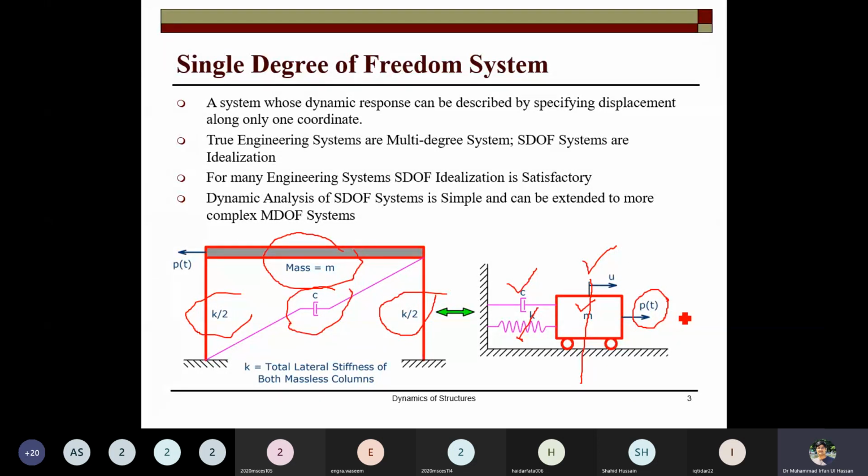So these are the different components. The stiffness is linked with the material property, and the damping is linked with energy dissipation, that is, the friction between the supports and the ability of the body to dissipate energy during seismic vibrations.